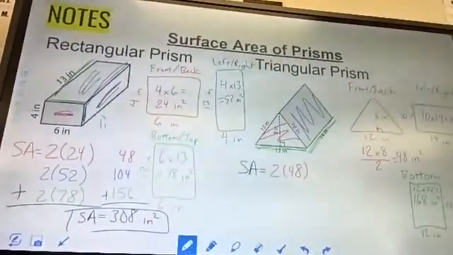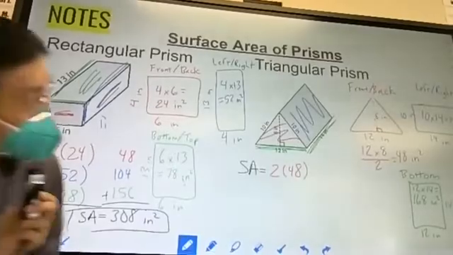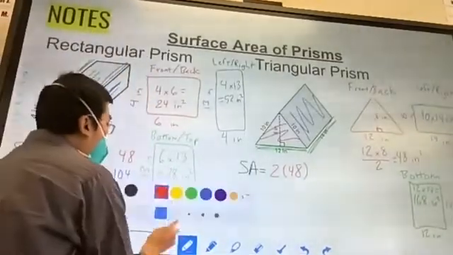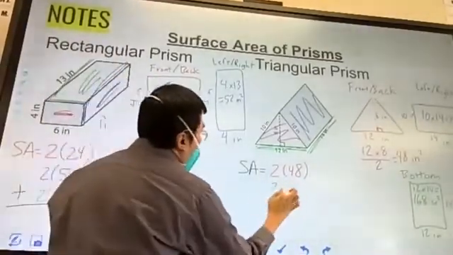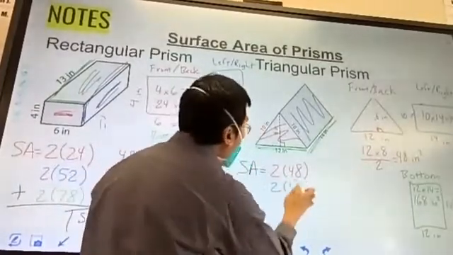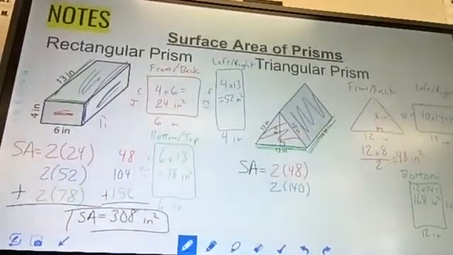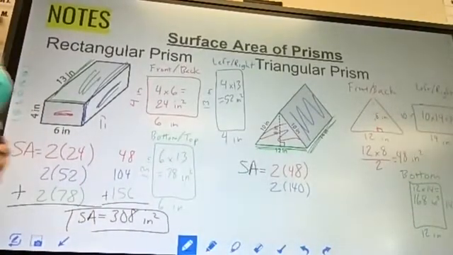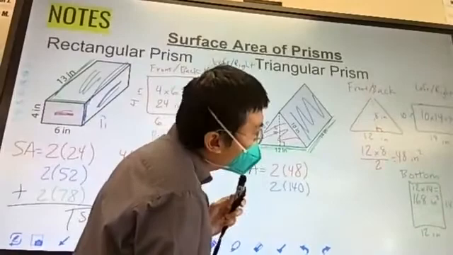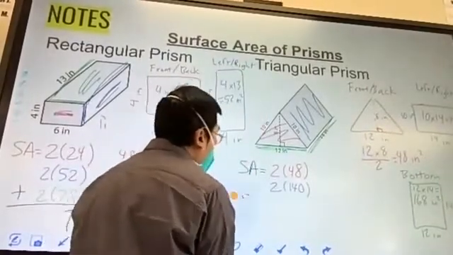That's for the front and back. And then for the left and right rectangles, we have 140 inches. So that's times 2 again. 2 times 140 inches. And then we only have one bottom. There's no top. And so that's 168 inches squared.